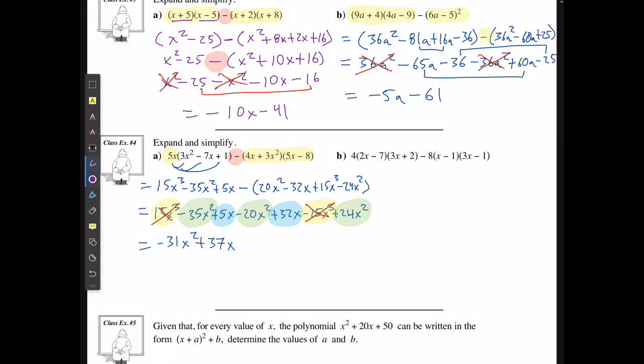For the second set, I'm going to multiply out my complex multiplications, leave it in brackets, and then apply these coefficients.